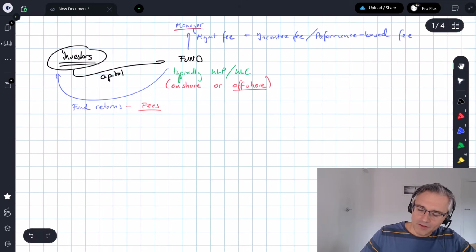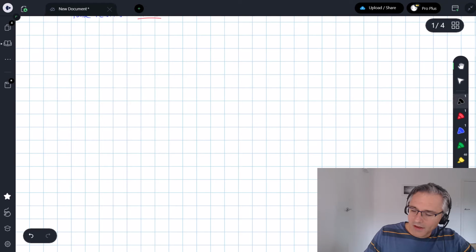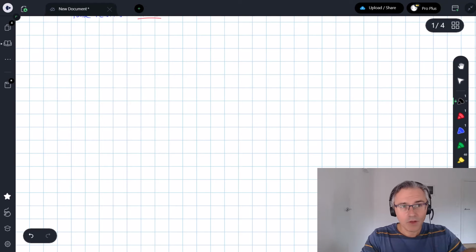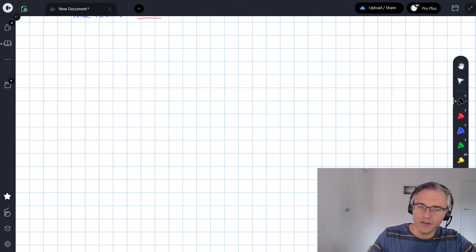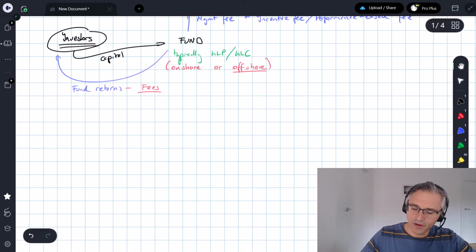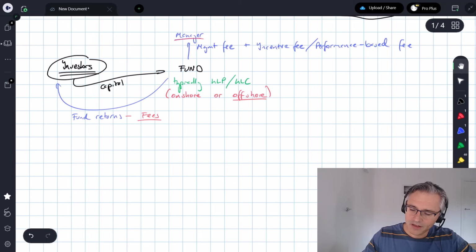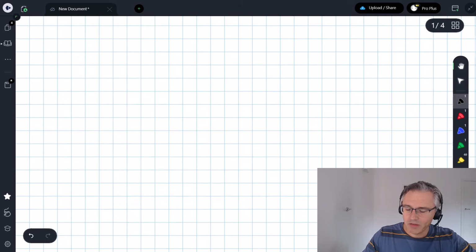Okay, now for some very specific concepts that you may be asked about in a theoretical question. First of all, please appreciate that it is rare to find a simple structure like this. Most fund structures are actually more complex.